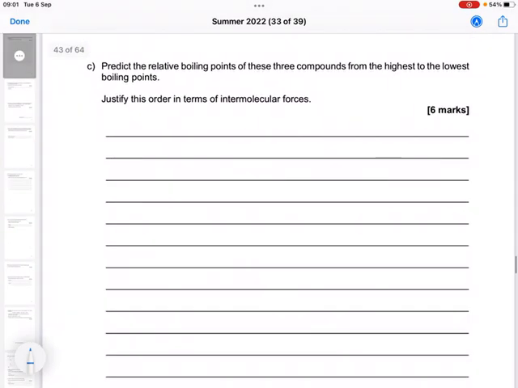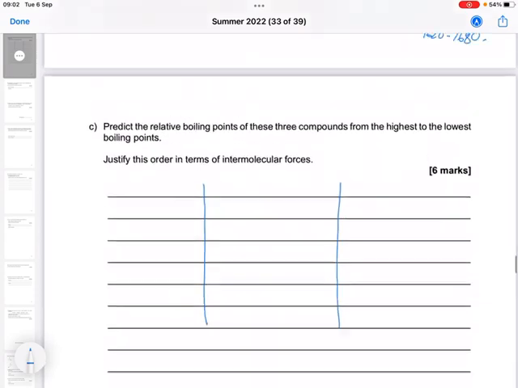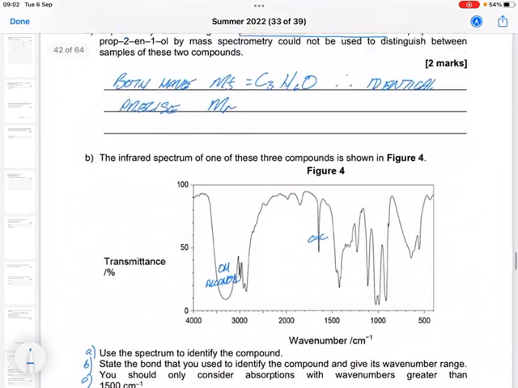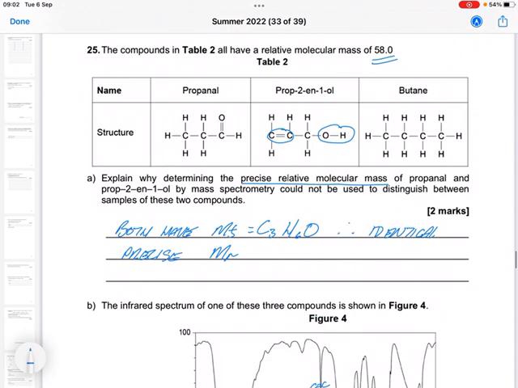Part C, predict the relative boiling points of these three compounds from highest to lowest. Justify these in terms of intermolecular forces. Okay, so this is a classic one where we would divide this into 3 and we'd discuss each one and then we'd go from there. Let's just have a look at these molecules and see if we can identify.